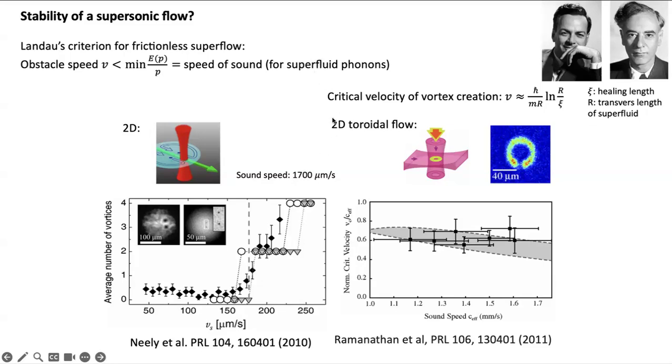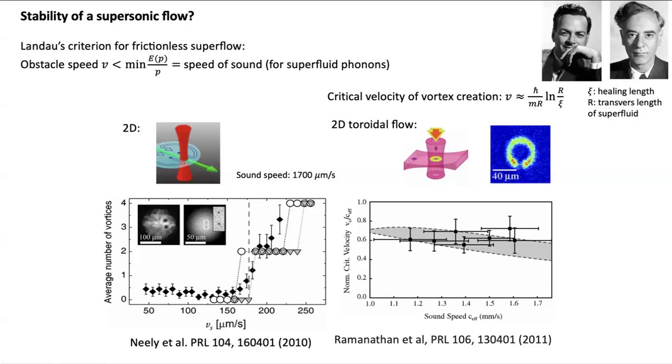The reason, explained by Feynman, is that the critical velocity for creating a vortex is much more stringent, because a vortex is energetically much easier to create. There are also measurements taking a repulsive beam, stirring it across a toroidal superfluid, where you can see that vortices are being generated.